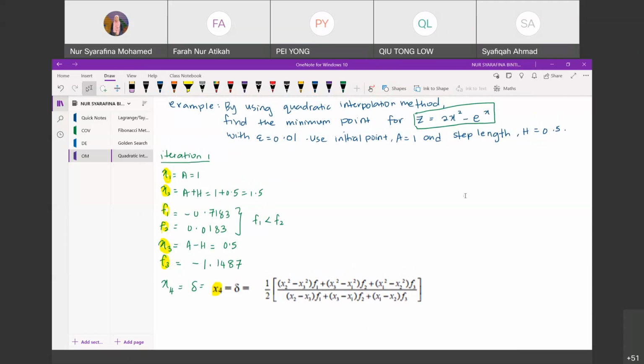All right, what is your x4? Try to find x4. Okay. x4 and f4. All right, then calculate first.